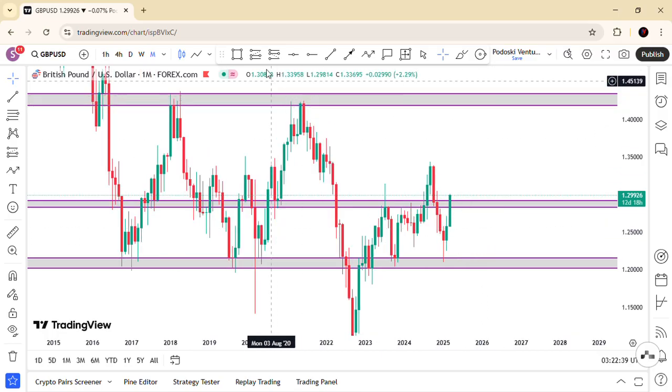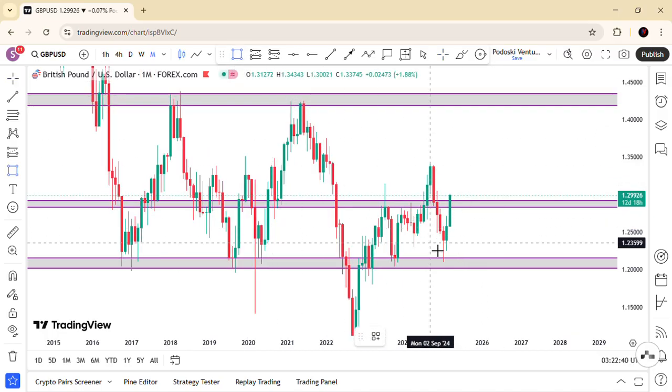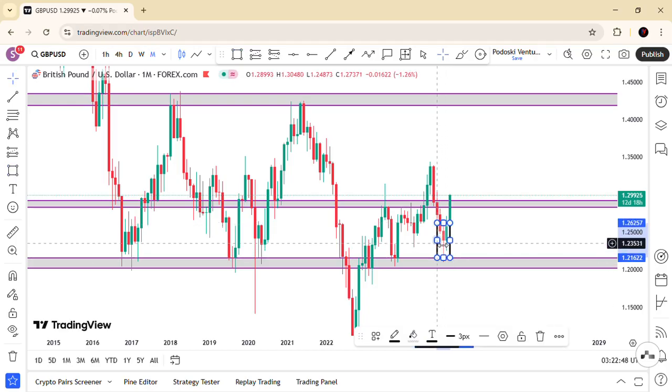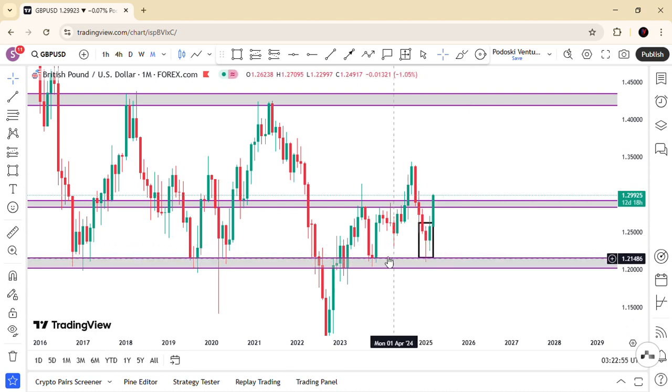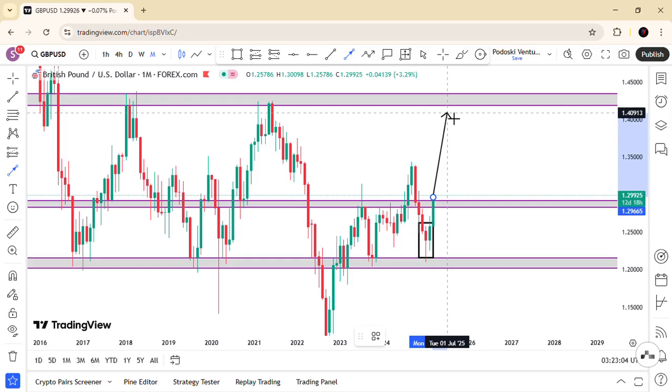Before we move on to the next time frame, take a look. Last month's candle closed strong bullish, forming a bullish engulfing at the monthly demand zone. With this bullish engulfing, there's a high possibility of price moving upwards and touching the previous monthly high.